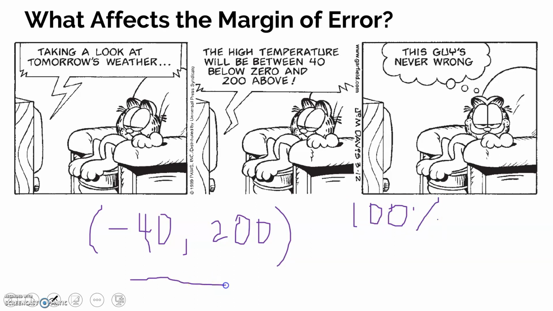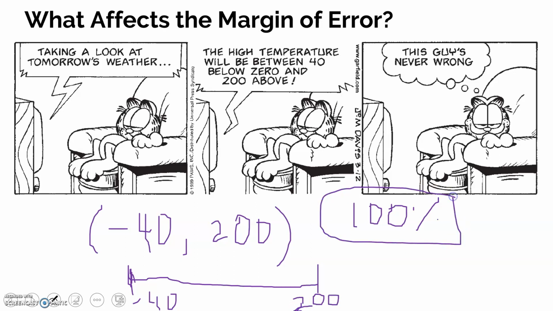Think of this as a number line, with negative 40 at one endpoint and 200 at the other endpoint. He's got such a wide interval, but as a result, he's got a high confidence level. So he's got a lot of margin of error in that calculation.